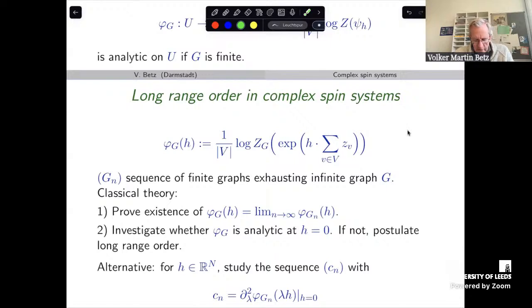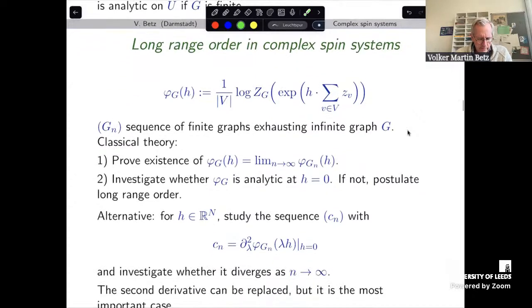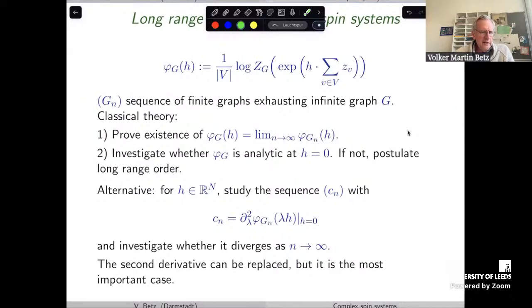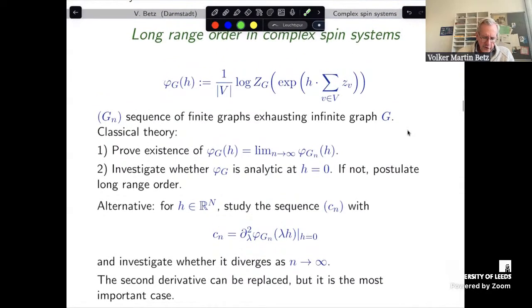This is the usual way to do it, and a kind of almost equivalent way, up to technicalities, or maybe significant technicalities, but still, is to just do it differently. So instead of first doing the infinite volume limit and then looking at analyticity, you can also say, okay, the point where things will go wrong is h equals 0 anyway.